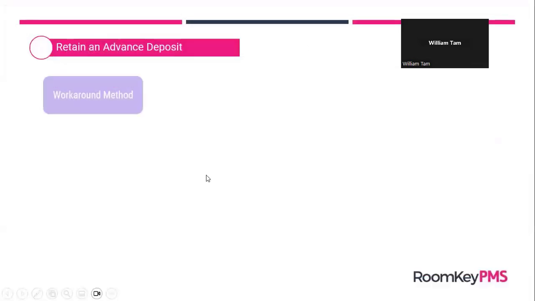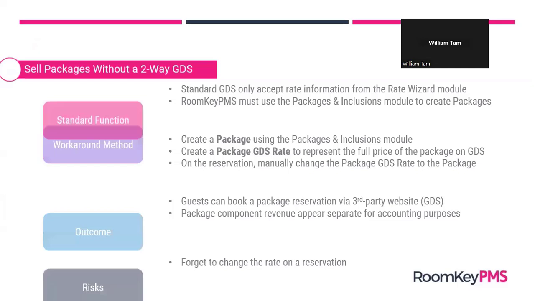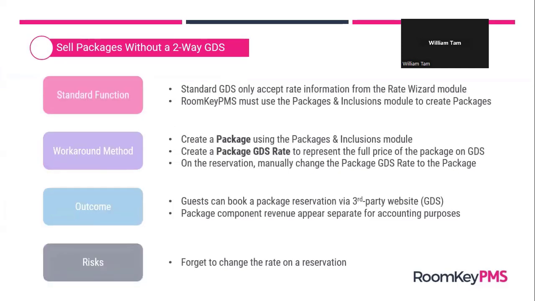Our last workaround method that we'll explore for today's presentation is how to sell packages without an established two-way GDS. Now, the standard functionality with our standard GDS connections with RoomKey is that our standard GDS only accept rate information from the Rate Wizard module.